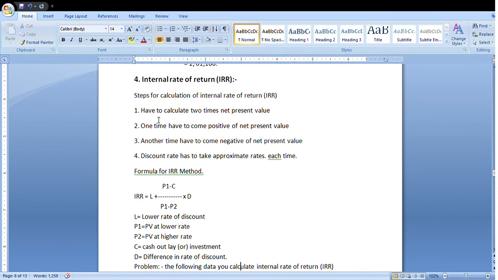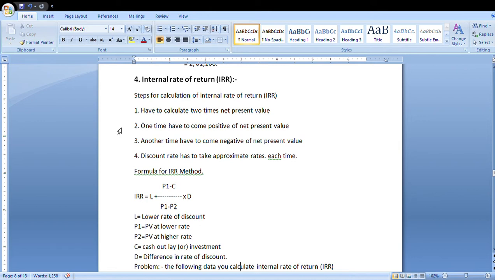First you have to calculate the net present value two times, as in the previous model. In this problem, calculate the net present value two times.